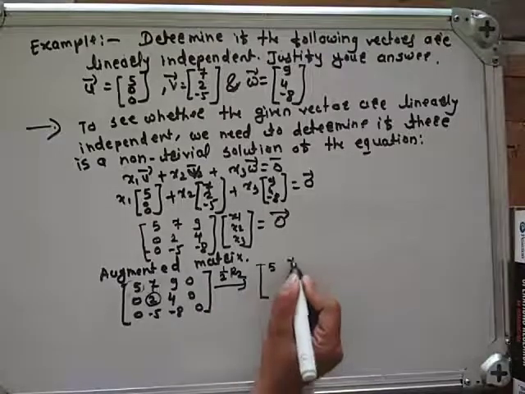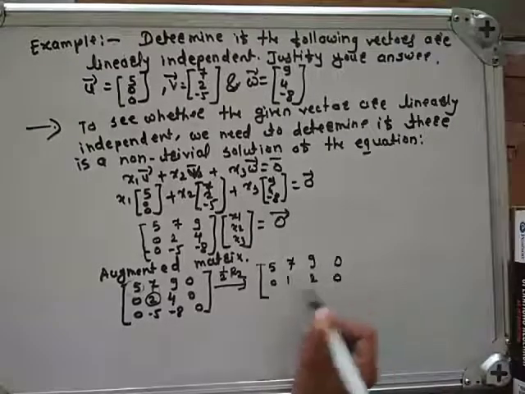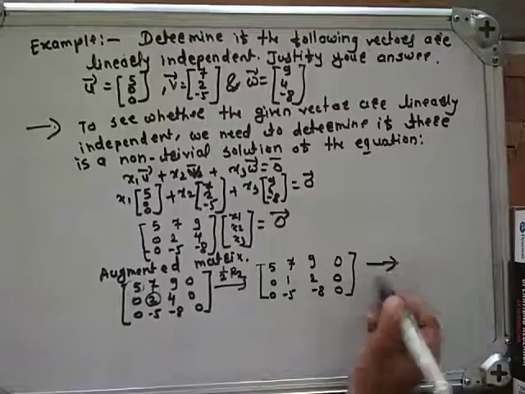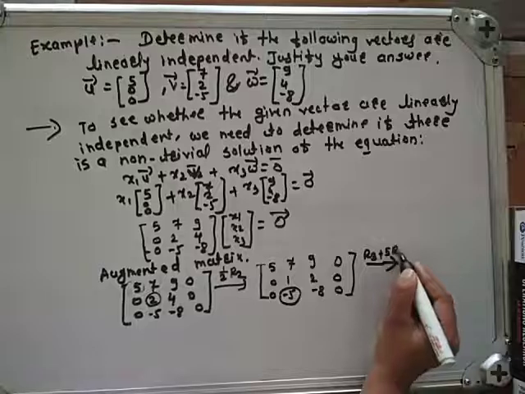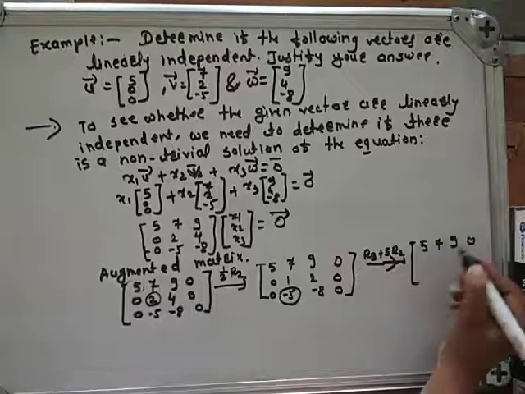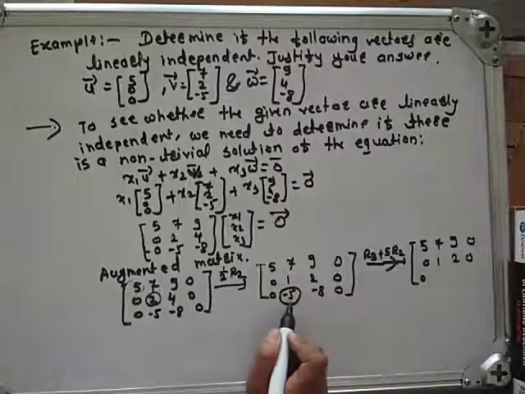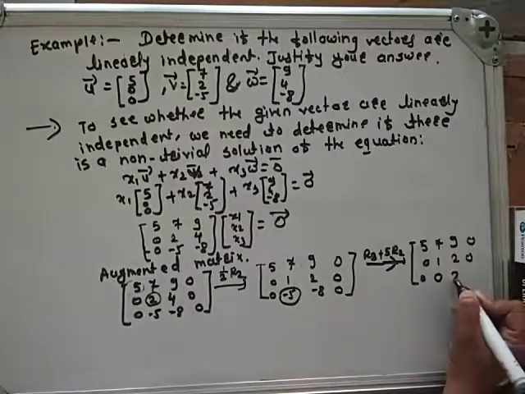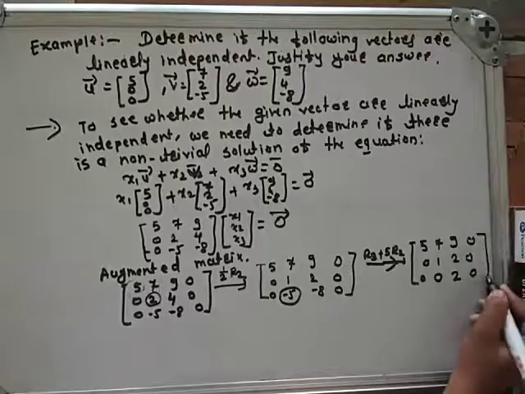So we have 5 7 9 0, 0 1 2 0, 0 minus 5 minus 8 0. Next, here we require 0, so apply the row operation R3 plus 5 R2. So we get 5 7 9 0, 0 1 2 0, 0, minus 5 plus 5 is 0, minus 8 plus 10 is 2, and 0 plus 0 is 0.